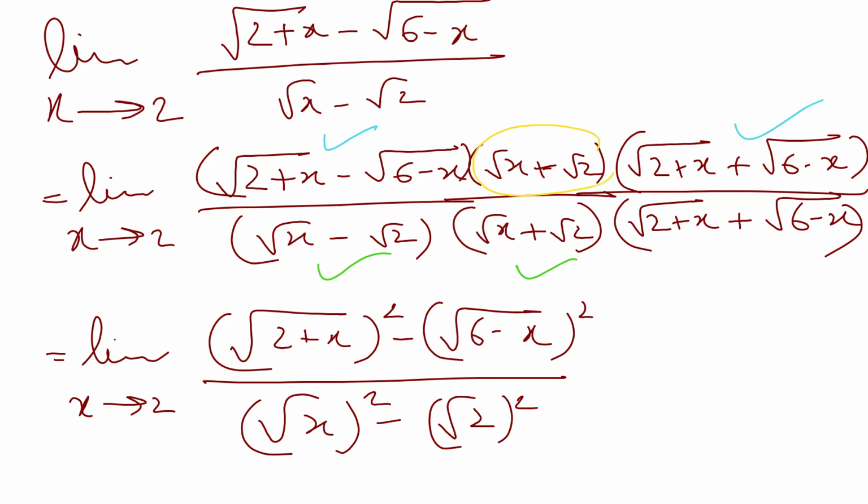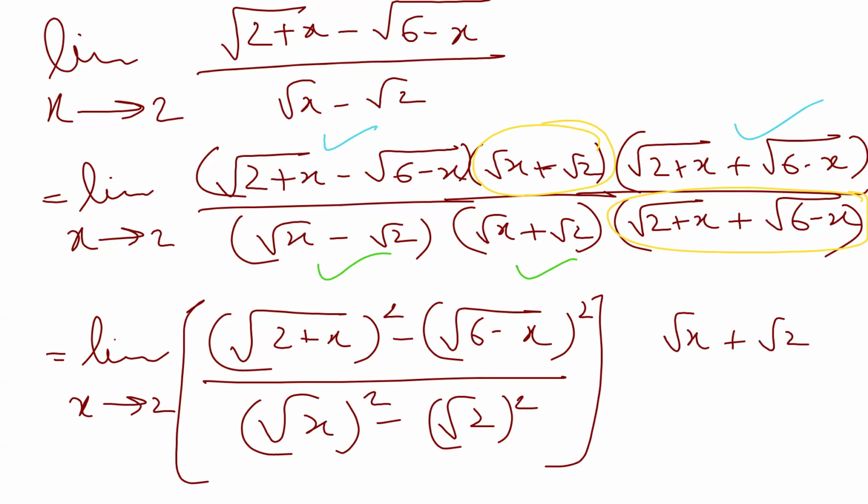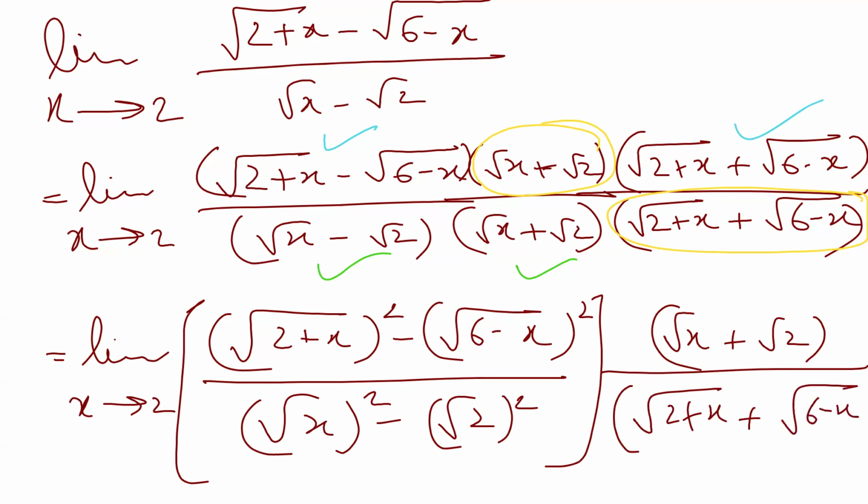But then the yellow colored terms have nothing to do with the rest of the terms, so they will be written separate. But then we cannot just ignore these terms. Guys, you understood? I have grouped the blue colored terms, a minus b into a plus b, that is a square minus b square.